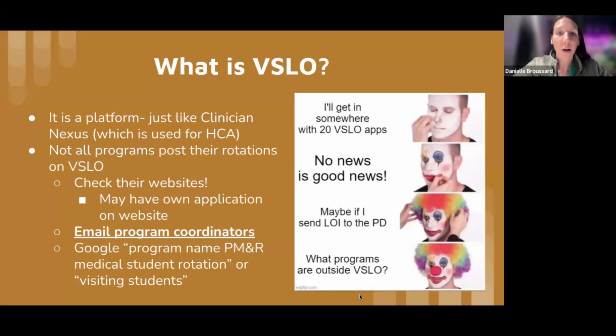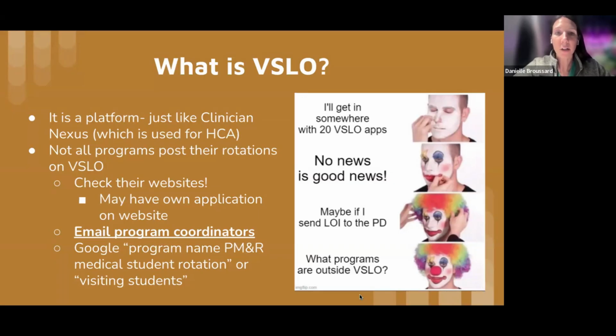Even if you see that they're on VSLO, you could email the program coordinator, say, I'm really interested in doing an away rotation at your institution. I saw that you're using VSLO as your platform for an application, and I see that it opens on this date. Is this correct? Just because I want to make sure that I get my application in on time.